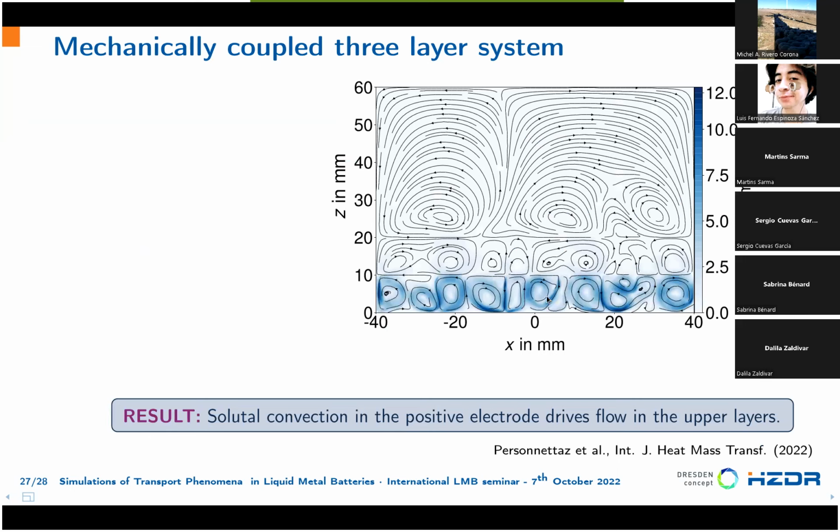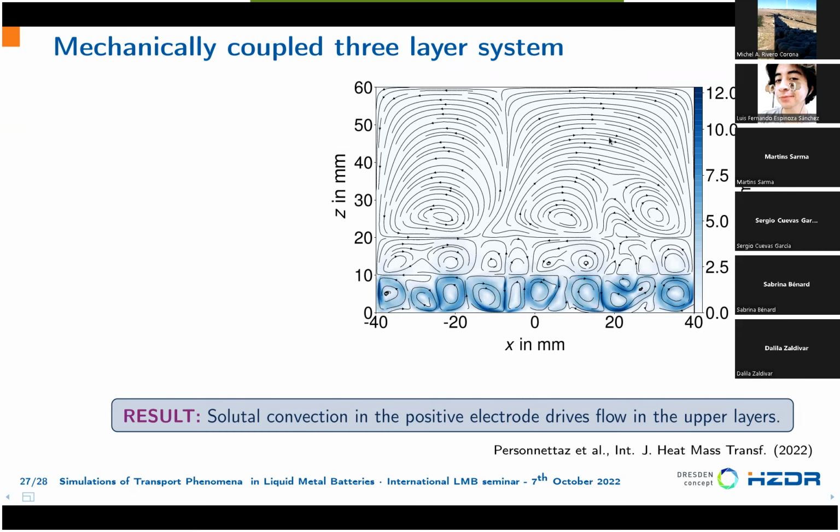And if we look at what solutal convection is able to do in the other layers, we see that solutal convection is able to drive a strong flow in the electrolyte. So not only the positive electrode, but the electrolyte is now mechanically coupled, and flow is generated there.